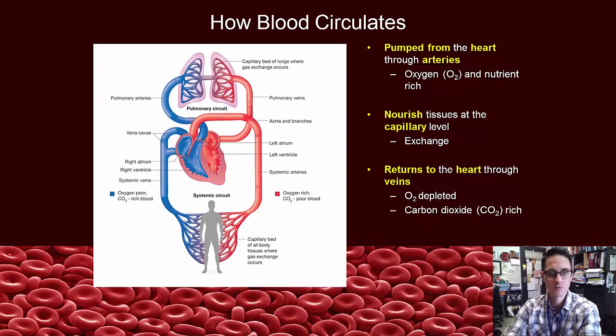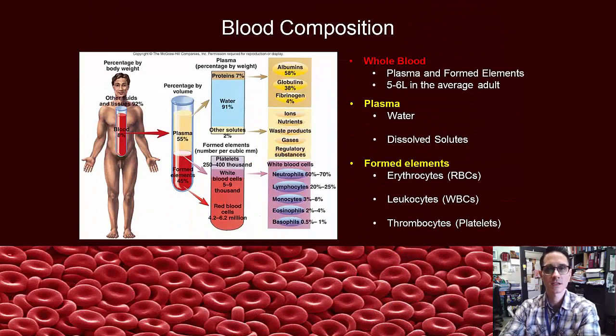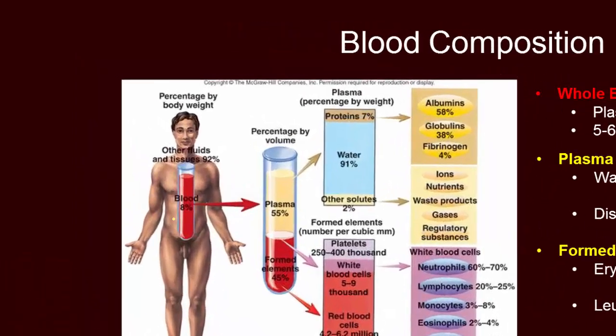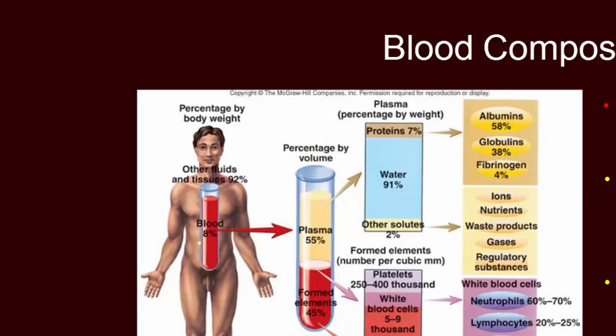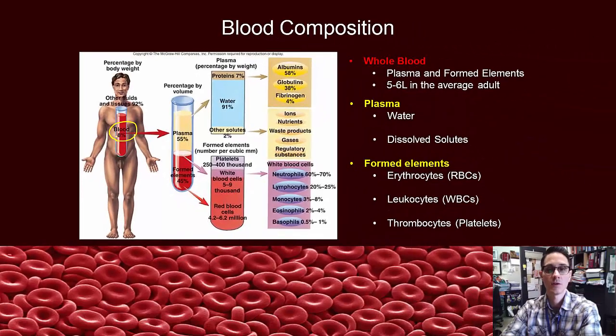All right, so let's move forward here, and let's just take a look at overall blood composition. So what is the blood made of? First of all, we can take a look at, by weight, how much the blood is responsible for our percentage of body weight, and that is 8%. So 8% of who you are is blood, and that's pretty significant. And whole blood is made of a couple of different components.